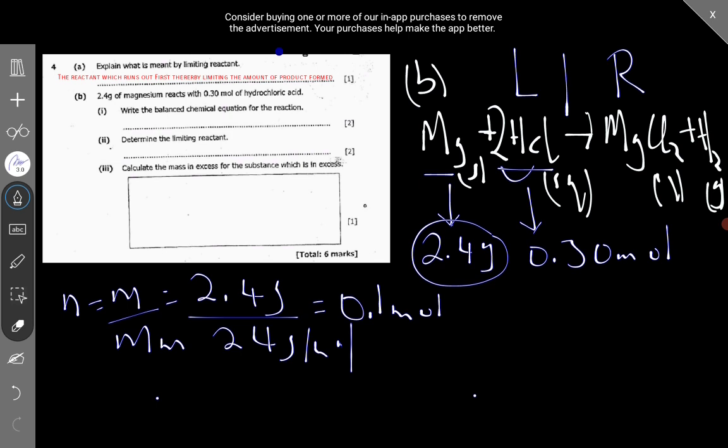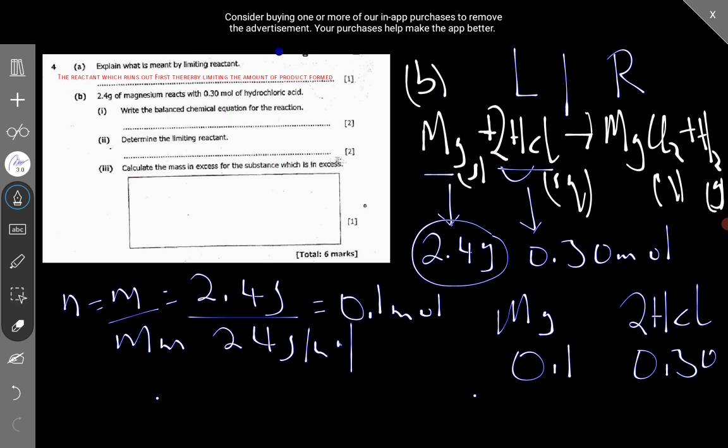Now finding the limiting reactant is very easy. We just compare the moles for the reactants. So you have magnesium and hydrochloric acid. Remember, we balanced the equation. Here you've got 0.1, here we've got 0.3. These are the moles. So divide them by their coefficients.